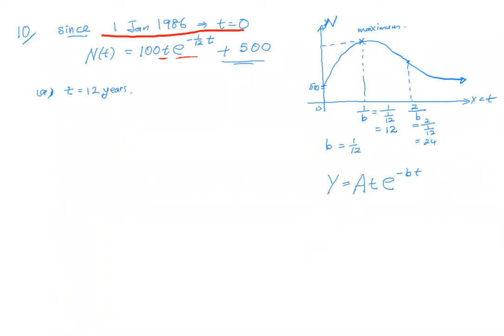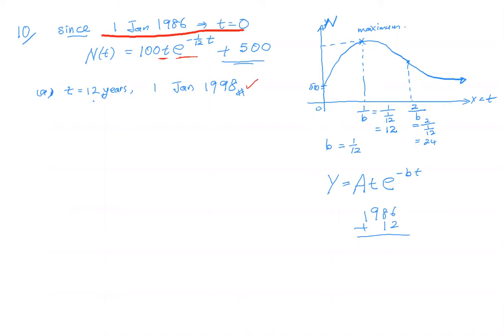No. I expect you to say 1st January 1986 plus 12, 1998. Are you clear? If this is a 1 mark question, you just give me this, I won't give you the mark. I only give you the mark if I see this.